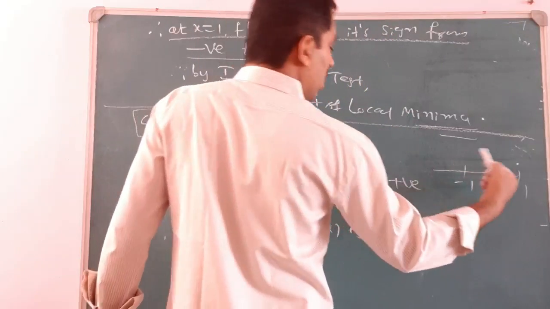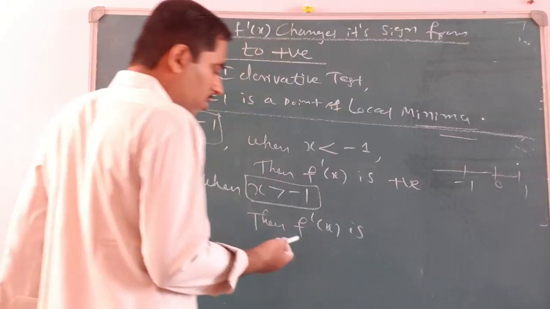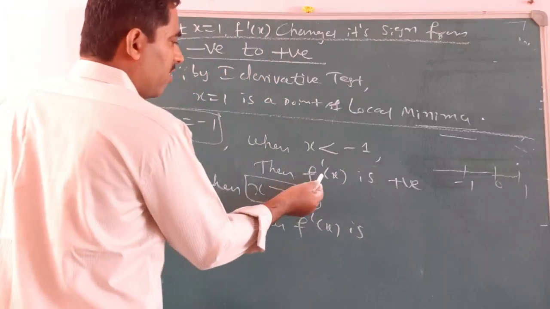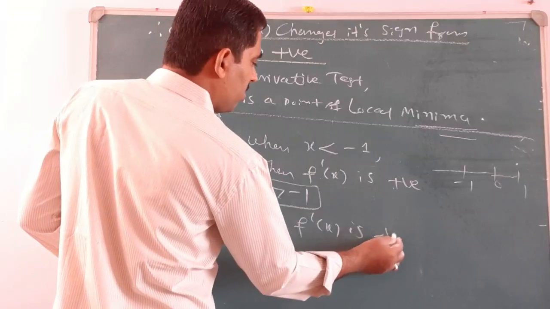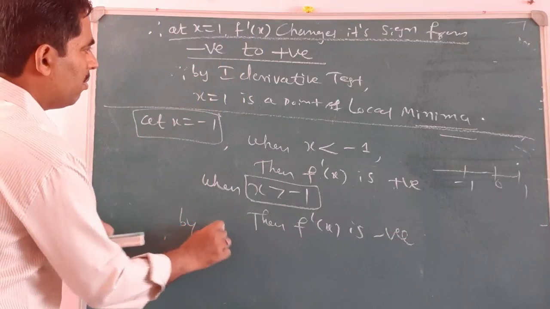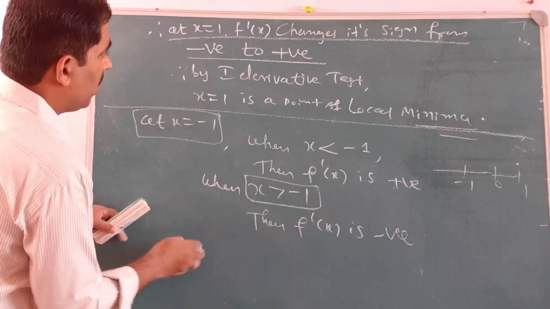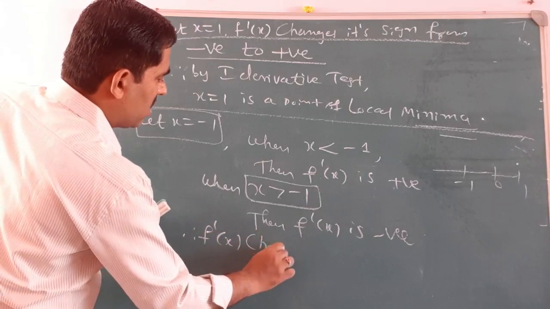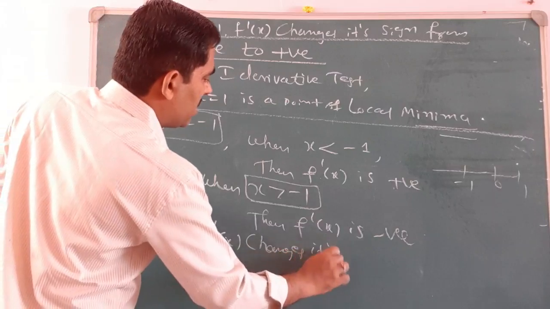We can move to the right side of -1 and take any one value here. You can check this. If the left is positive, then f dash x on the right will be negative. So what are the observations here? Therefore here f dash x changes its sign.